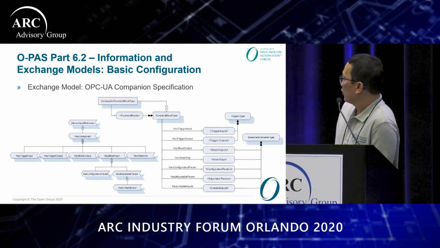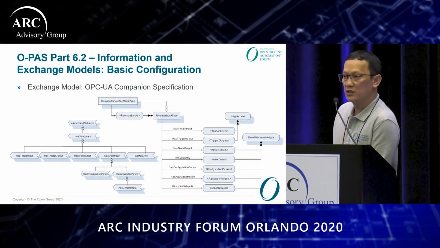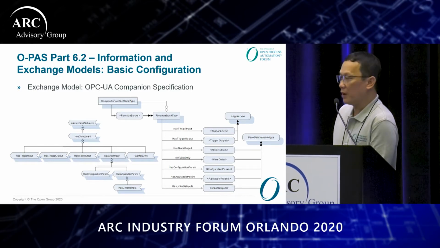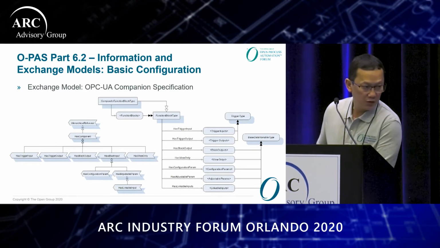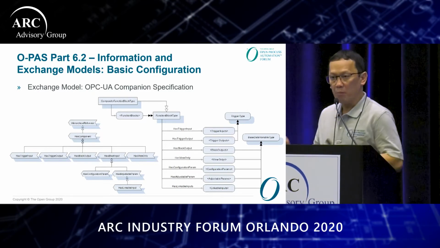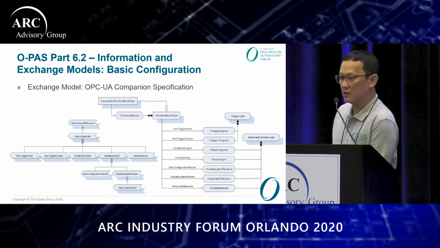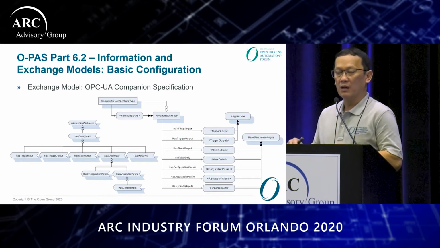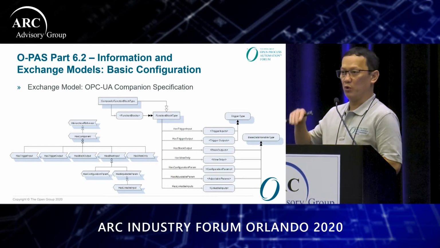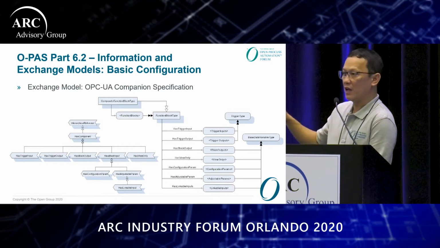And the third thing is that we're using the OPC UA companions. We're creating an OPC UA companion specification to define the basic function blocks. This is basic information that can be used by the other 6.x parts after 6.2.